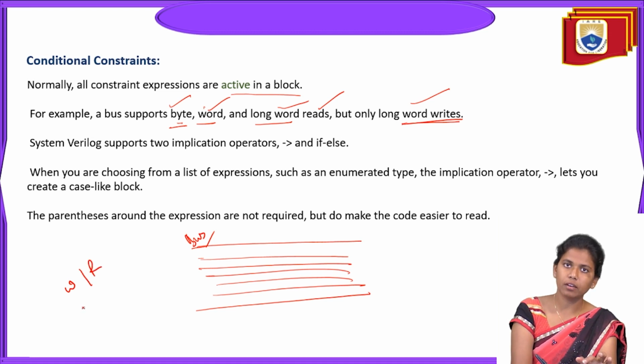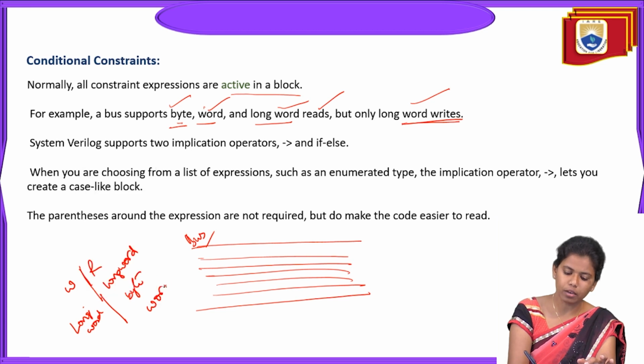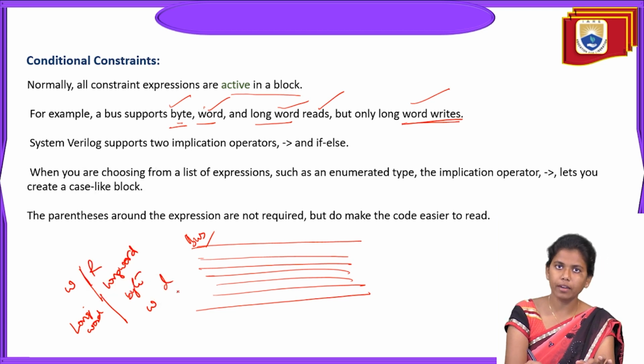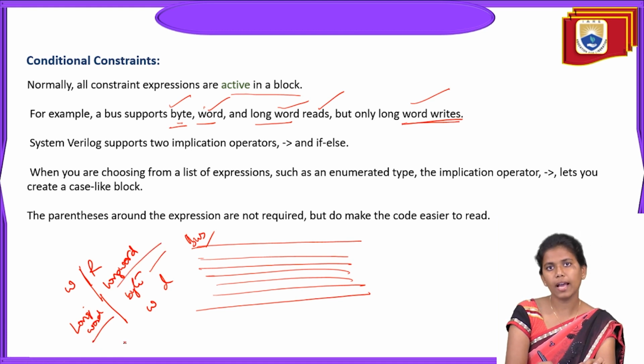It can read and write long word. Here also it can read long word, whereas in the read option, it can read byte, word and long word, and along with this, it can write long word as well.